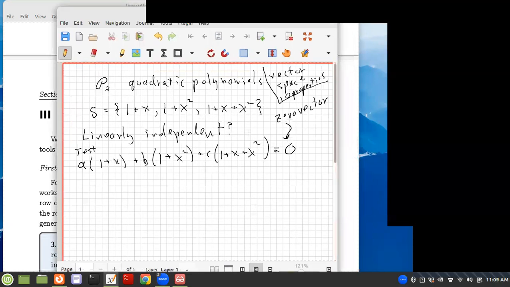Then we continue by separating out terms. Equality means same polynomials, so we have to see what conditions on a, b, c make the right side the zero polynomial.